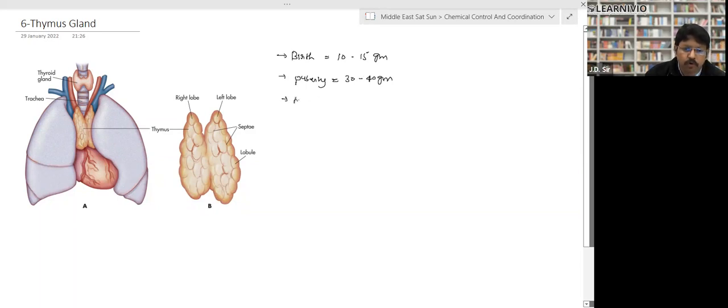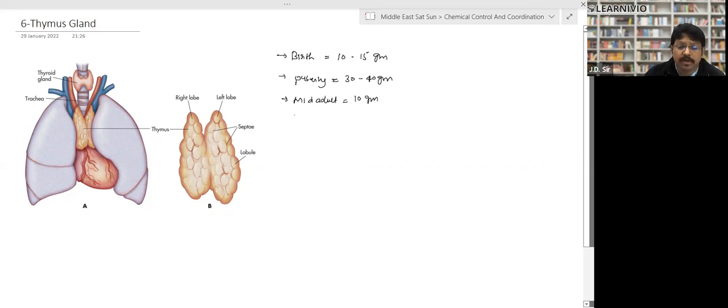And at the age of mid-adult, it reaches to 10 gram. Full stop.